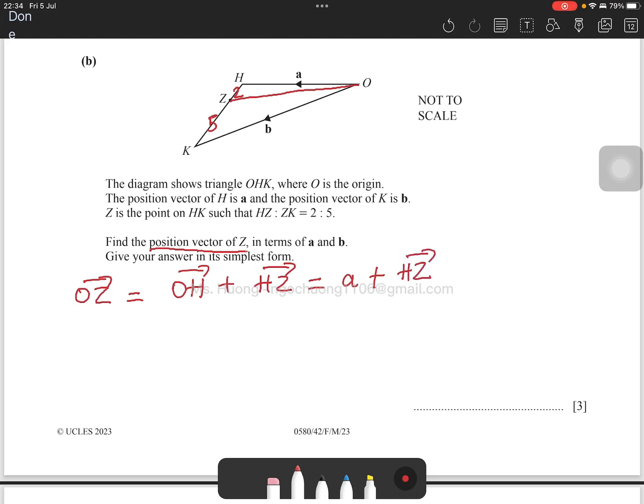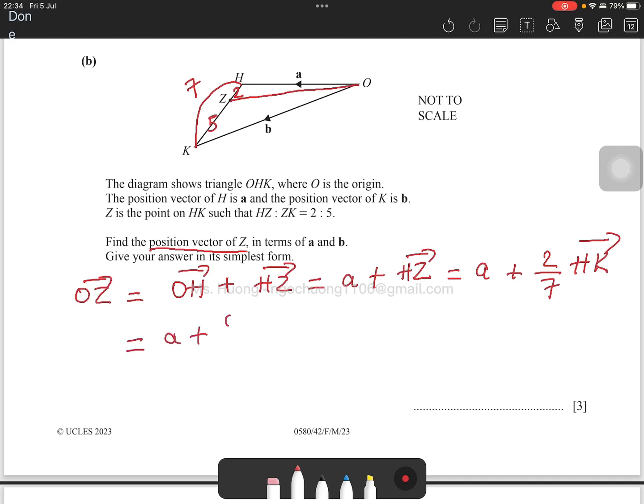In the diagram, we see that HZ is 2 units, ZK is 5 units, so HK will be 7 units, which means HZ is 2/7 of HK. And now we just find the vector HK.